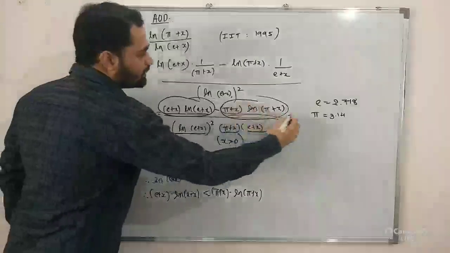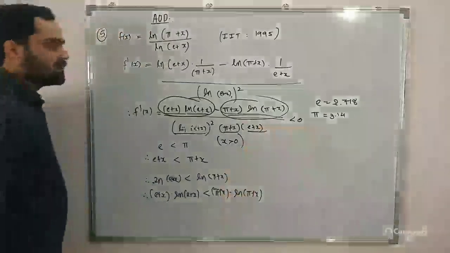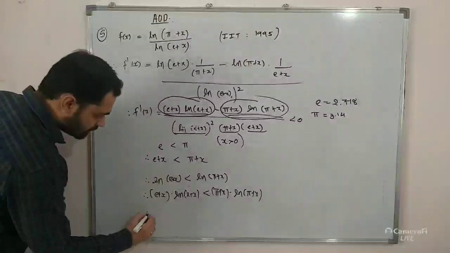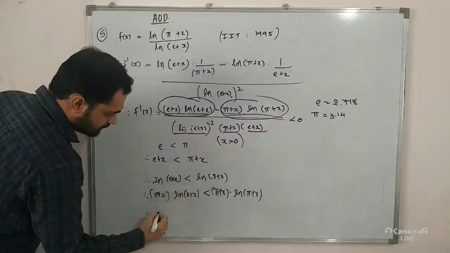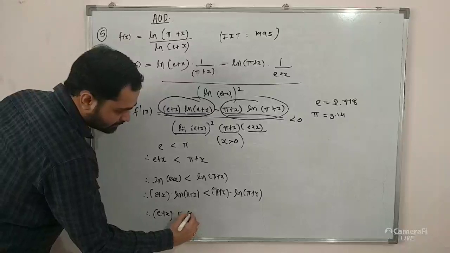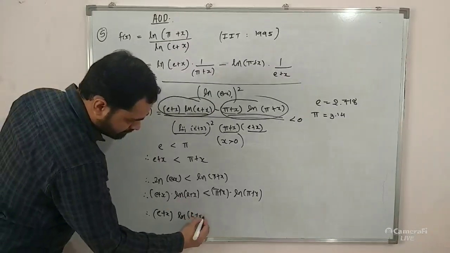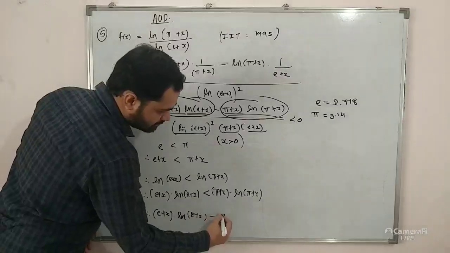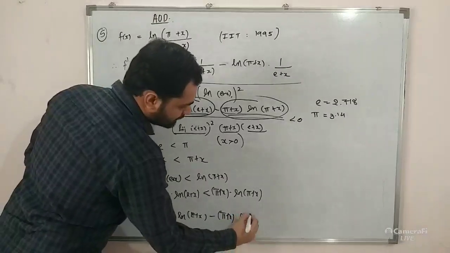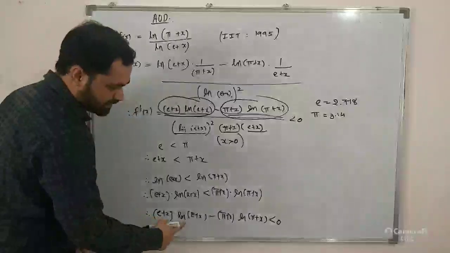It means the whole numerator is less than 0 and the denominator is greater than 0. It means f dash of x is less than 0. Here we can also take this one to the left hand side: (e + x) ln(e + x) minus (pi + x) ln(pi + x), which is less than 0.